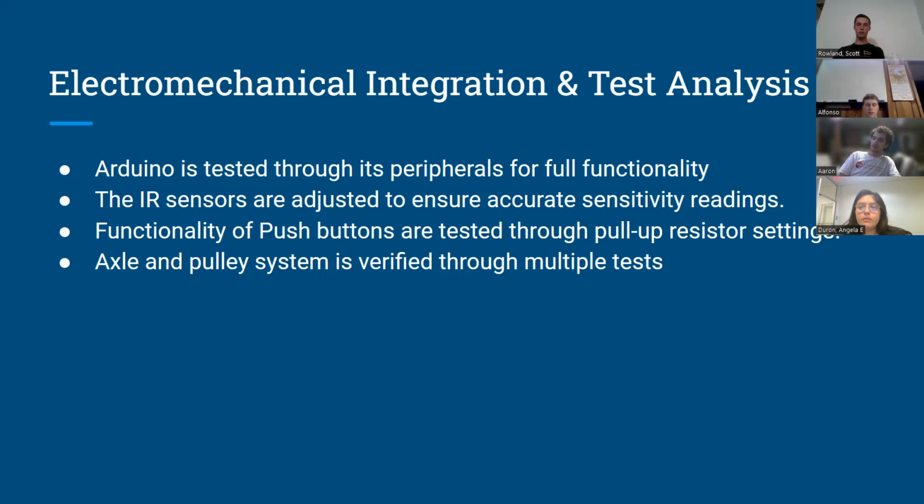And we have to integrate also the fact that the IR sensors are active low. And then also the axle and pulley system verified through multiple tests, which much custom work had to be done to the final product before it was fully functioning due to, I guess, planned-for circumstances.